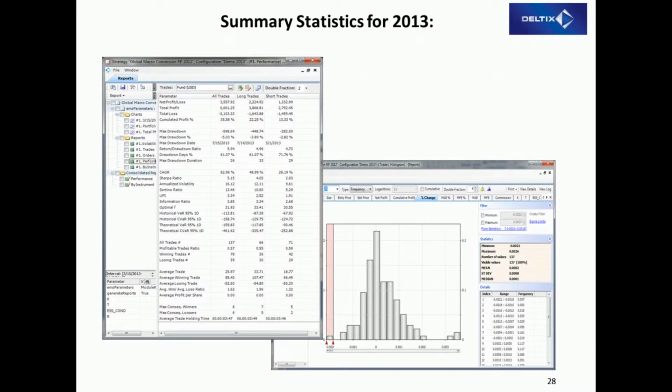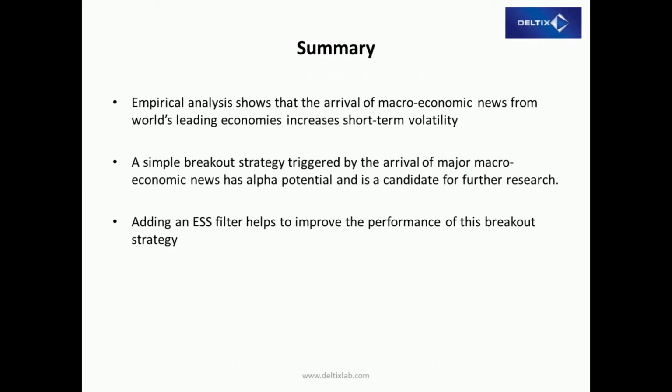We've got a story which I present to you that, first of all, macroeconomic news definitely increases short-term volatility. Second, that even the simple breakout strategy had some potential. It could be definitely enhanced if we apply risk and additional condiments. We maybe make a good dish out of it. And filters definitely helped to improve the performance.